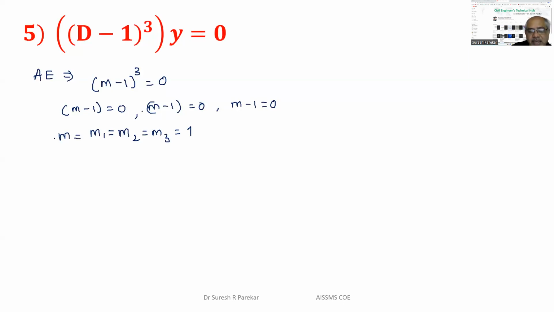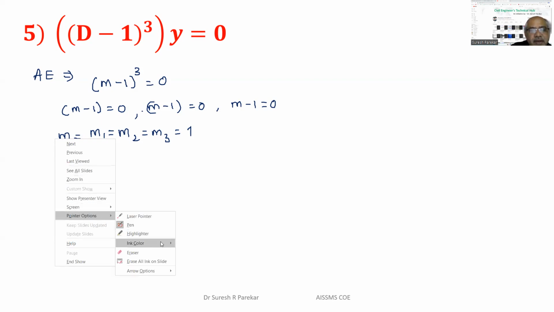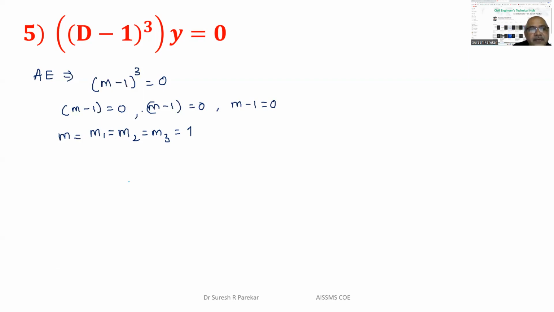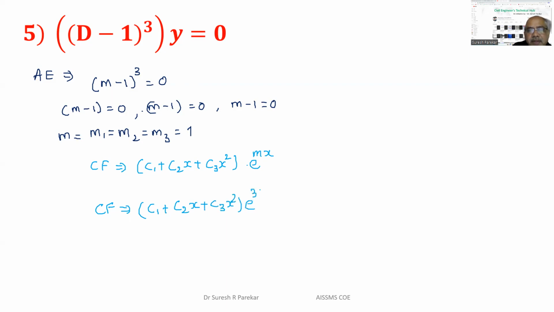And just as we have seen for the complementary function, if we go for such a condition, then we have (C1 plus C2 x plus C3 x square) into e to the power mx. And therefore we will write the complementary function as (C1 plus C2 x plus C3 x square) e to the power x.